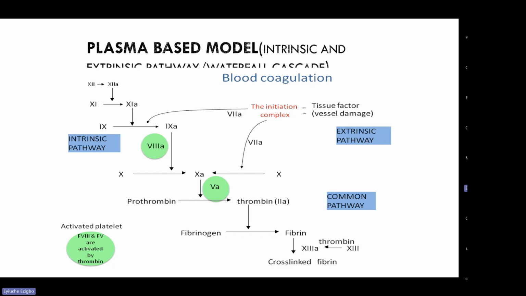So for the extrinsic pathway, we say that clotting begins when coagulation factor 7 is exposed to tissue factor and becomes activated. The name extrinsic pathway is a result of the tissue factor involved in that pathway not being found in the blood. When factor 7 is exposed to tissue factor, it becomes activated.